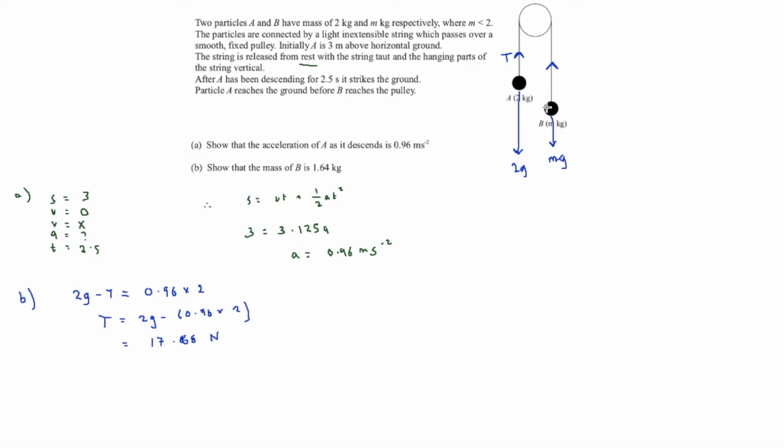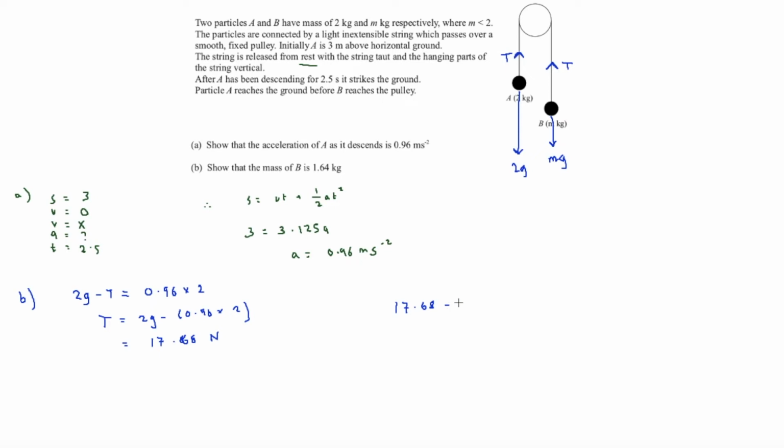So therefore, we also know that T is acting here. So now we know that that is going to be 17.68. For this to work, we are going to say that T, which we have here, is going to be 17.68, and the resisting force to T is going to be mg.